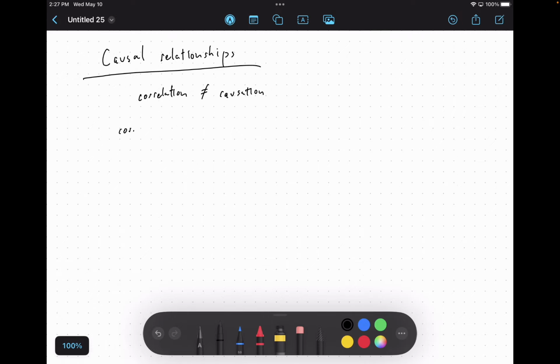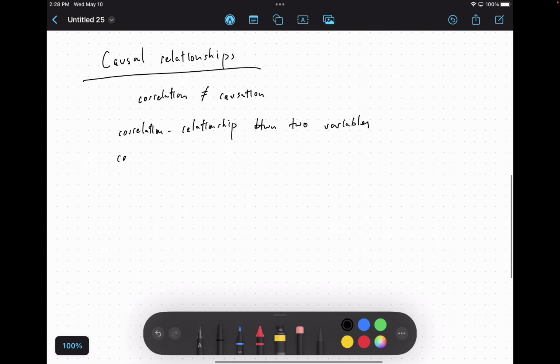So the difference here: correlation talks about the relationship between two variables, whereas with causation, one event is the result of the occurrence of another event.